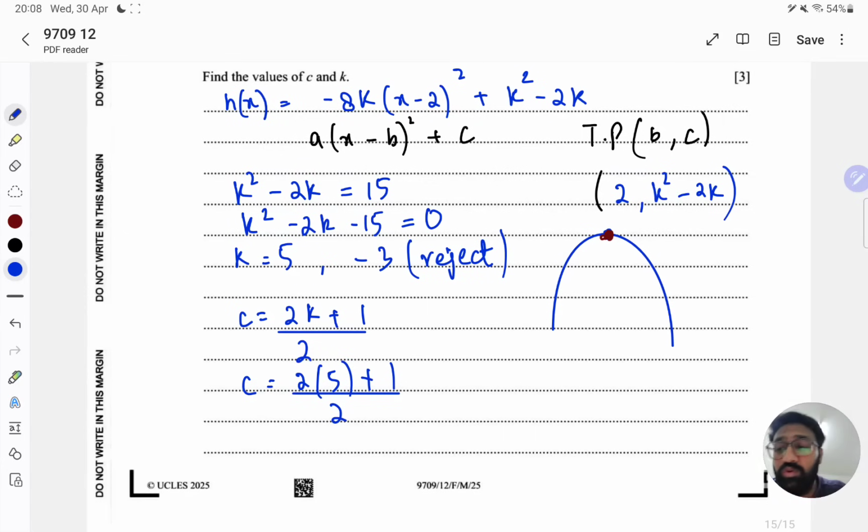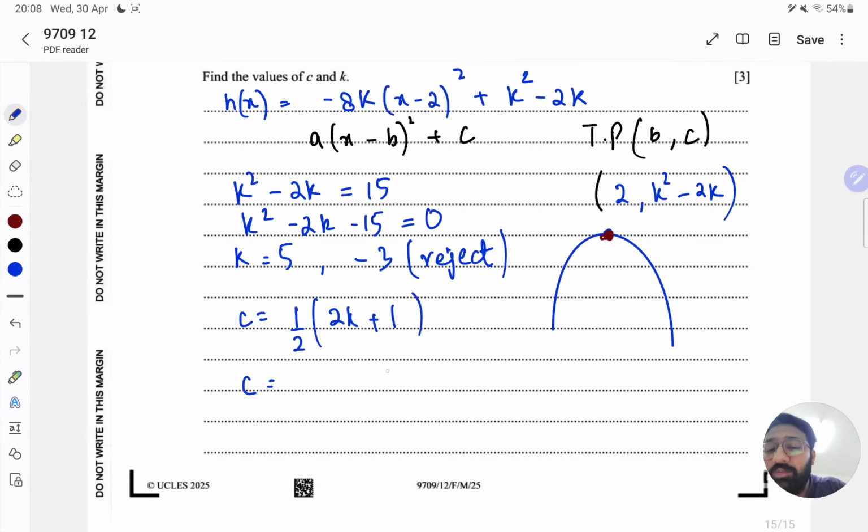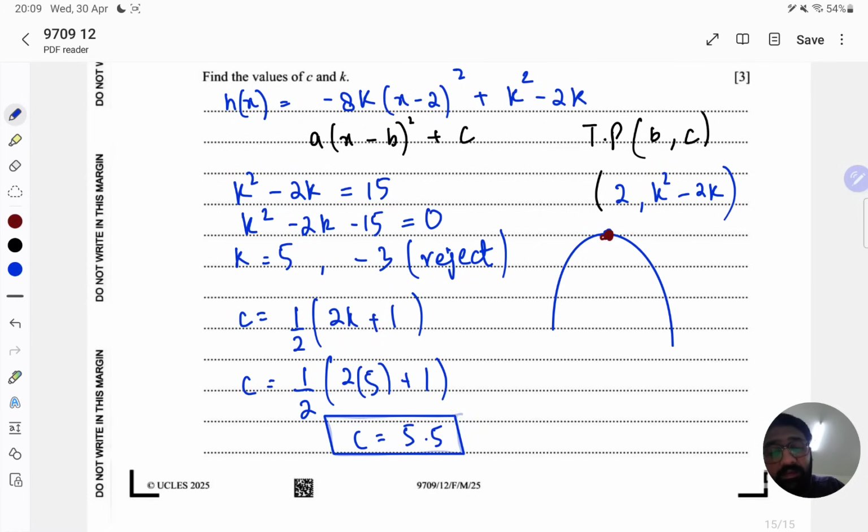Sorry, c is basically 1/2 (2k + 1). So 1/2 (2 × 5 + 1), which is 11 divided by 2. The value of c will be 5.5.